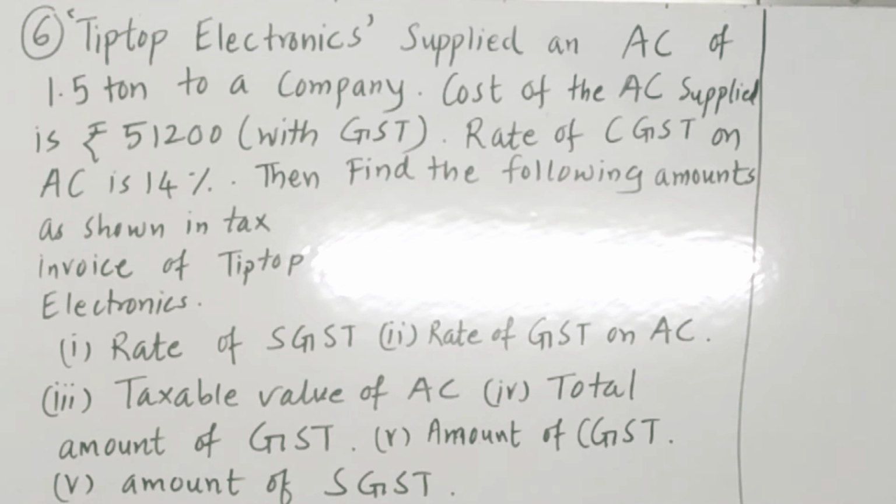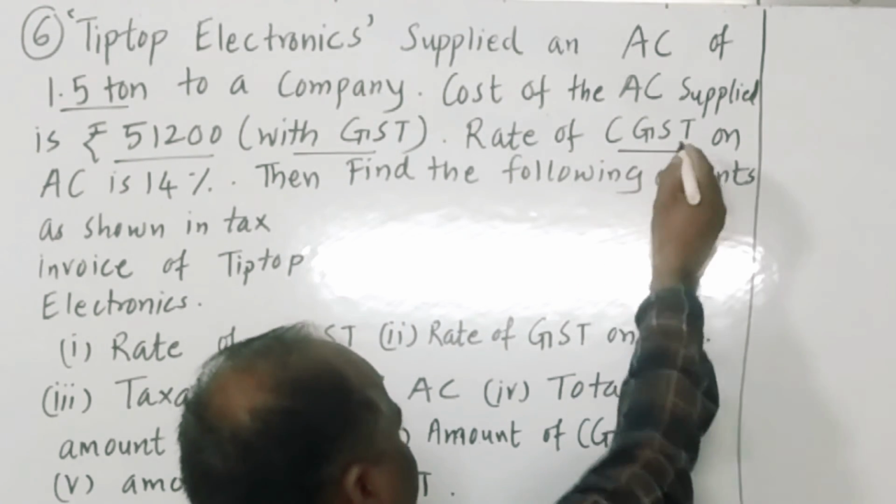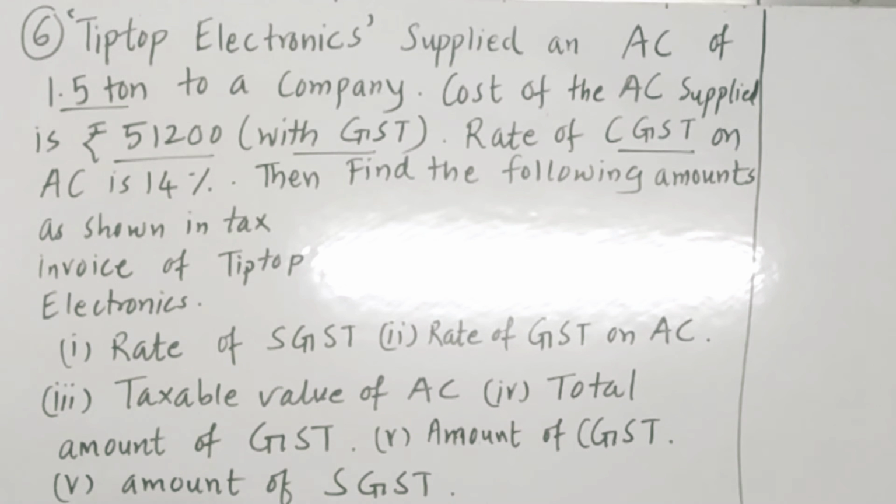Sixth example. Tip-Top Electronics supplied an AC of 1.5 tons to the company. The cost of the AC supplied is rupees 51,200 including GST. The rate of CGST, Central Goods and Service Tax, on AC is 14%.